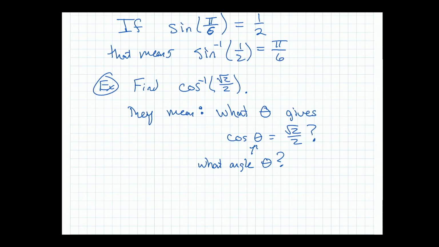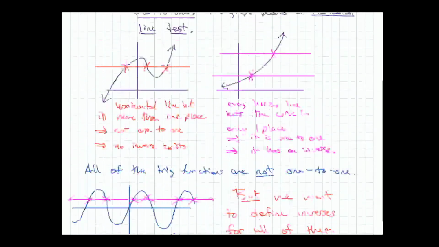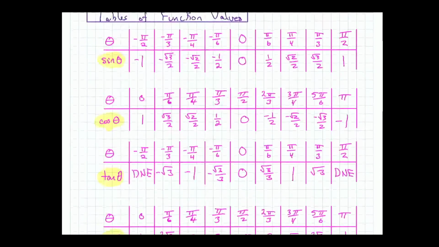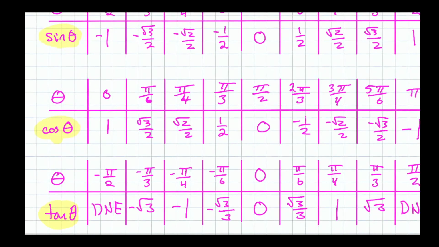All right, and that's why I gave you all these tables at the beginning, because what you're going to do is say, okay, I've got cosine theta equals square root 2 over 2. Where is the cosine theta equal to square root 2 over 2? So you just go to your tables, you find cosine, you find square root 2 over 2. Here's square root 2 over 2, right? They want you to go back to the angle. So what's the angle?